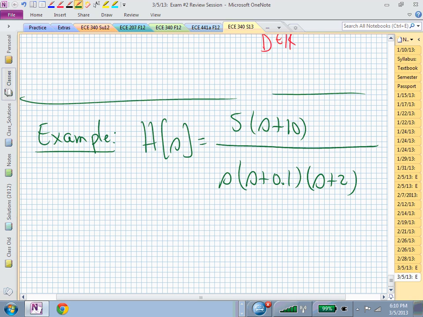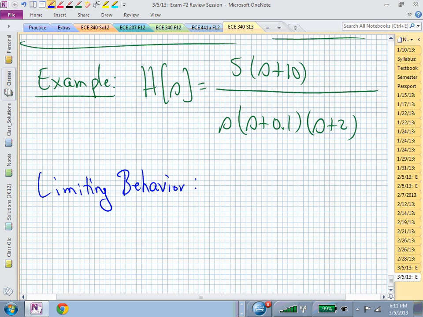We talked, I think, today in class about limiting behavior or the characteristics. Just to give you a little bit of a taste of what the answer in the back of the book might be. Meaning, if we had low omega or low frequencies, what's the magnitude of this going to be for small omega?